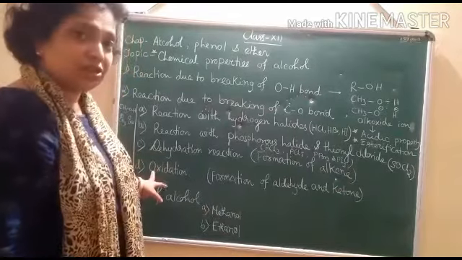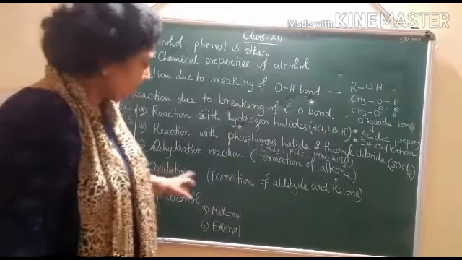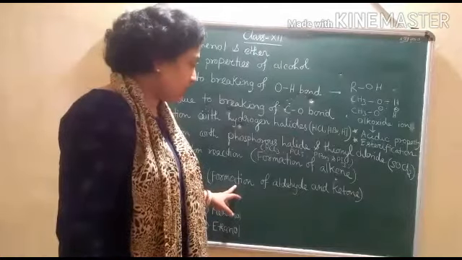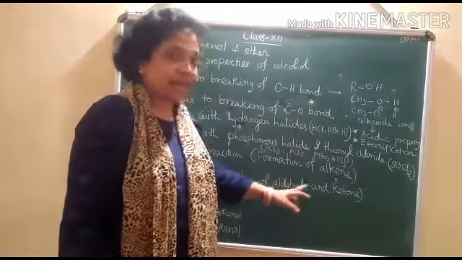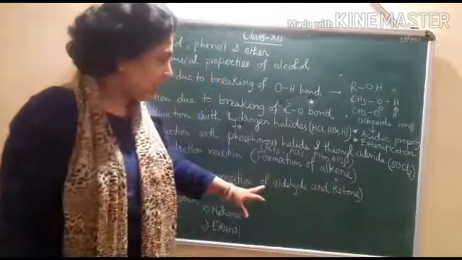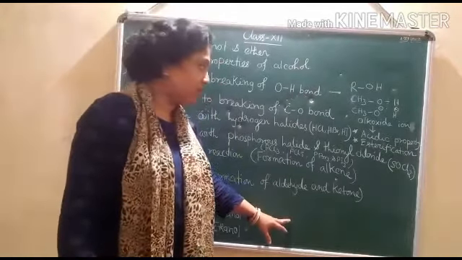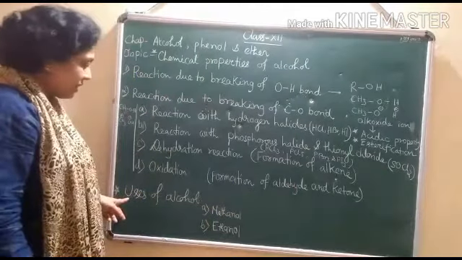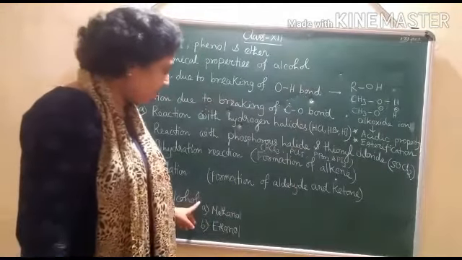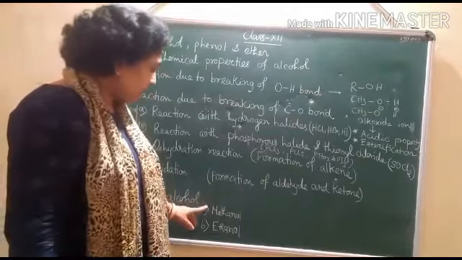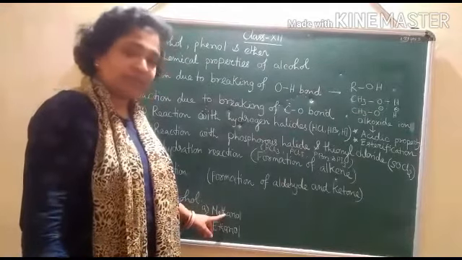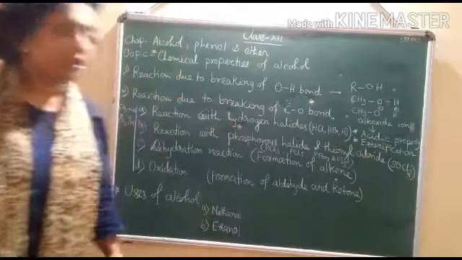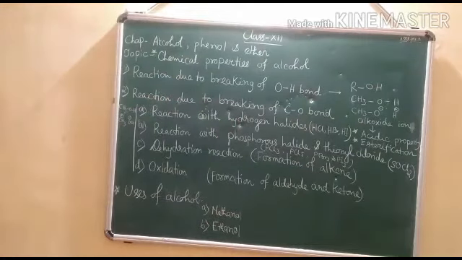If oxidation of alcohol takes place, we get aldehyde or ketone, and aldehyde on further oxidation gives carboxylic acid. We are going to study this reaction in detail. The last topic is uses of alcohol, especially methanol and ethanol. So write it down, these are the topics I am going to discuss today.